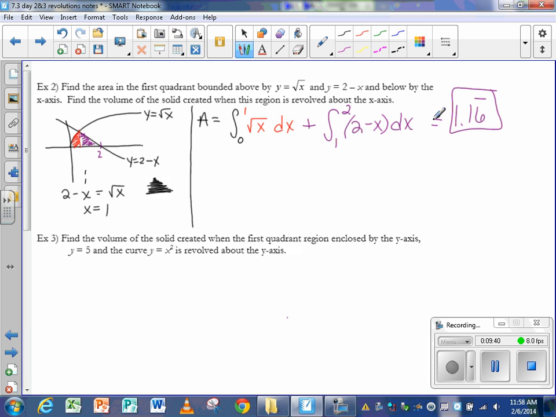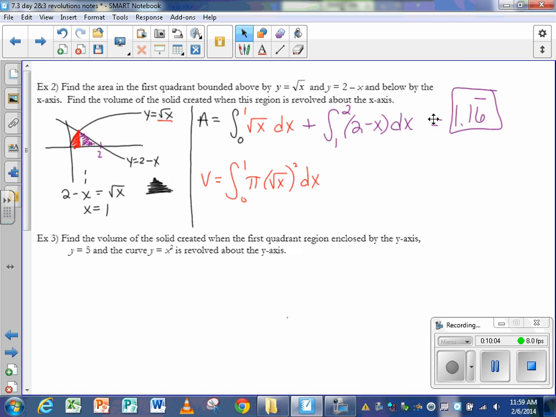And then if we want to find the volume when I revolve around the x-axis for the red region, my volume is still going to have the same bound, 0 to 1, because my red region is enclosed right here. Well, the radius of that red region would just be the equation the square root of x. So from 0 to 1, I'm going to have pi r squared dx.